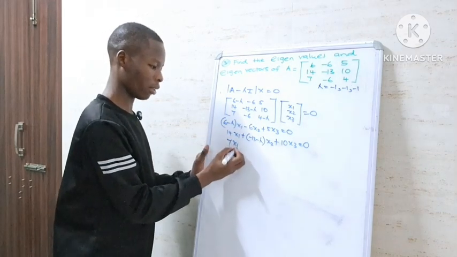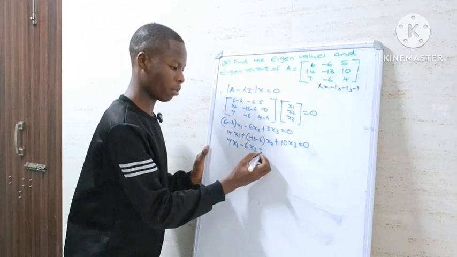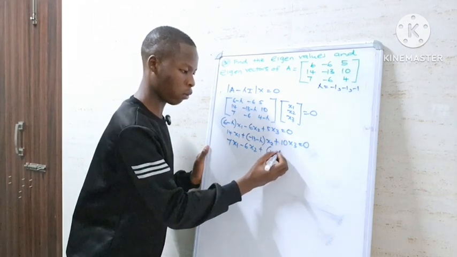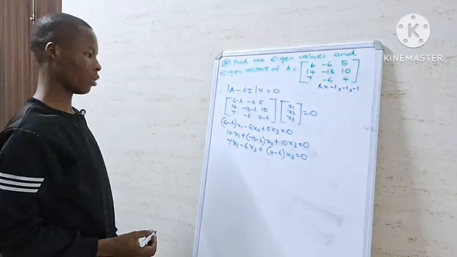Now 7 x1 subtract 6 x2 plus 4 minus lambda into x3 is equal to 0.